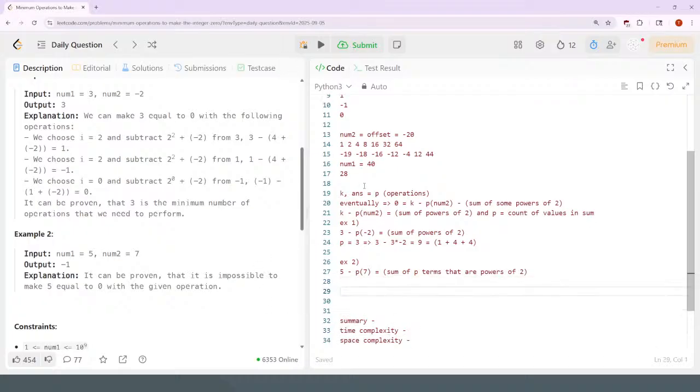Alright, what was the other one that I was working on? Let's say the number was originally 28 and num2 was negative p times negative 20. So p powers of 2. So this ends up being, p is 1, then it'd be 48.